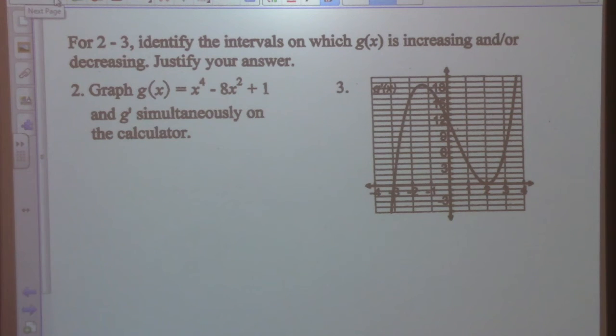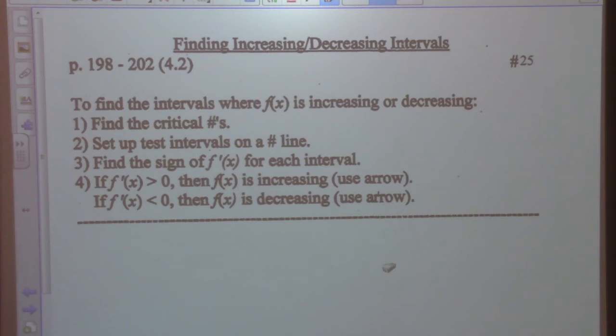Okay, this brings us to our next note card, which is finding increasing and decreasing intervals. It's very much related to the last one. Okay, note card 25.